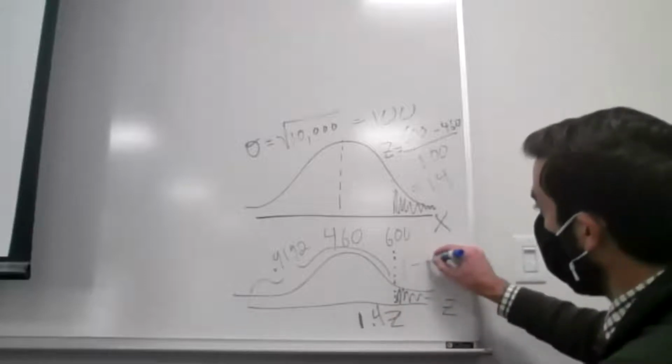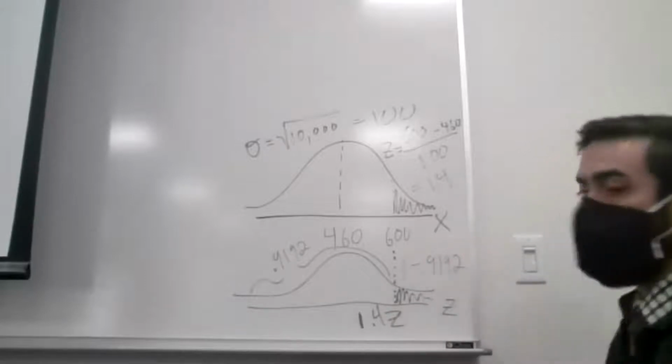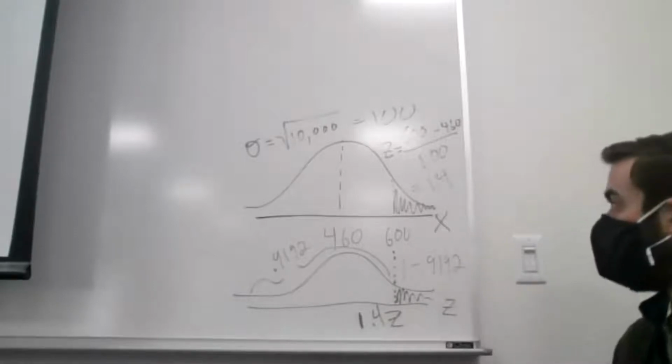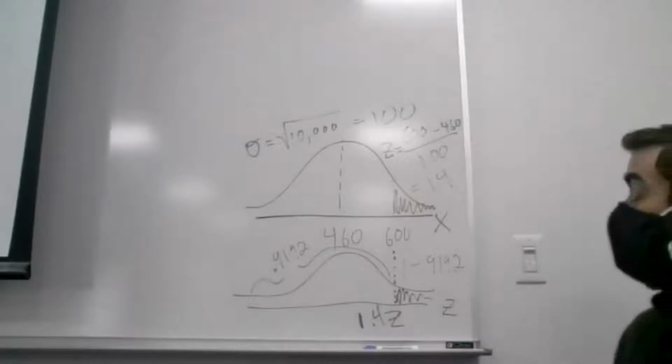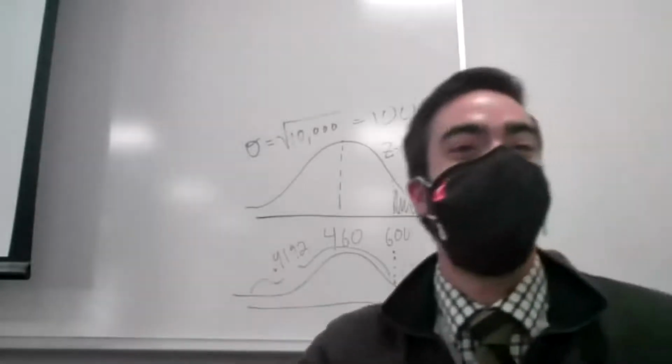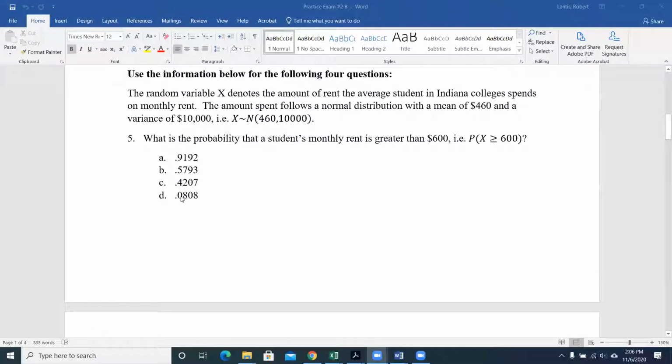I wanted the area to the right. So it's 0.0808. We knew it had to be one of these two because we said it had to be less than 0.5. From there, we calculated it's going to end up being D.